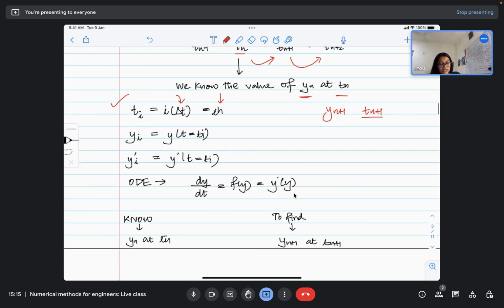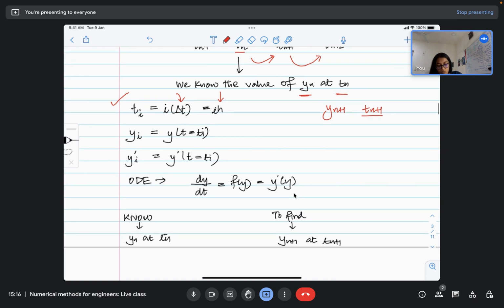Now moving ahead, y_i is the value of y at t equal to t_i, and we have explained what t_i is in the previous step.